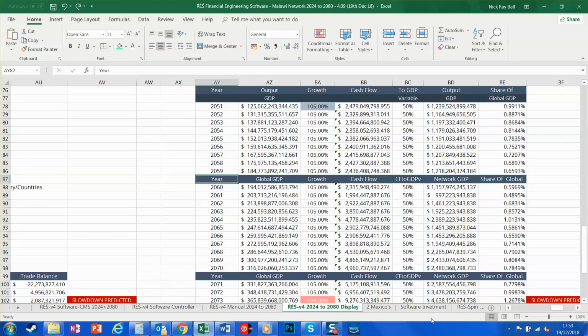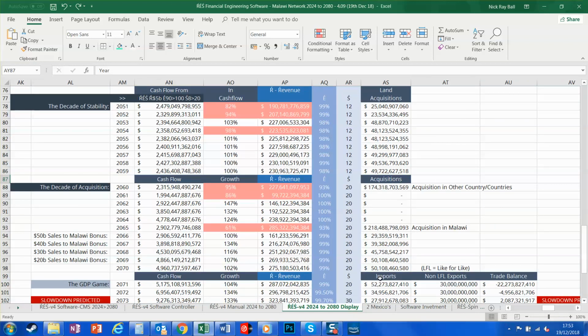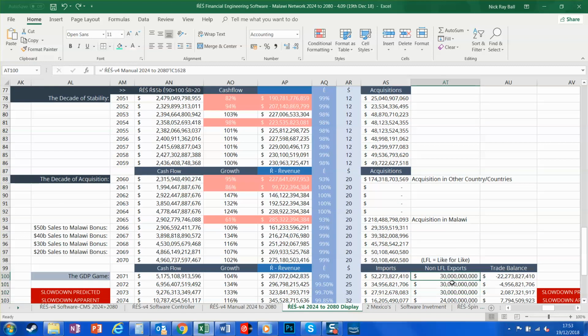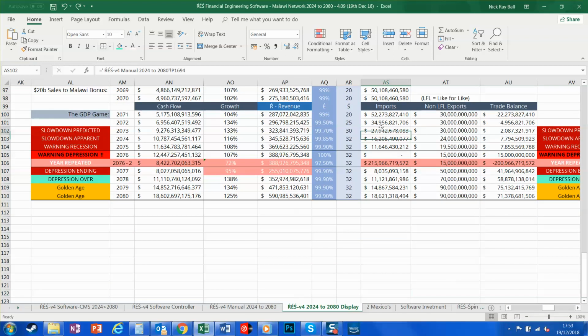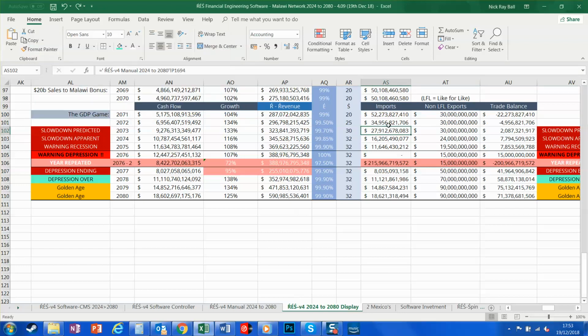Let me see. Imports, there we go. We start to reflect them there. Yeah, that's where those are. That's where those figures end up.